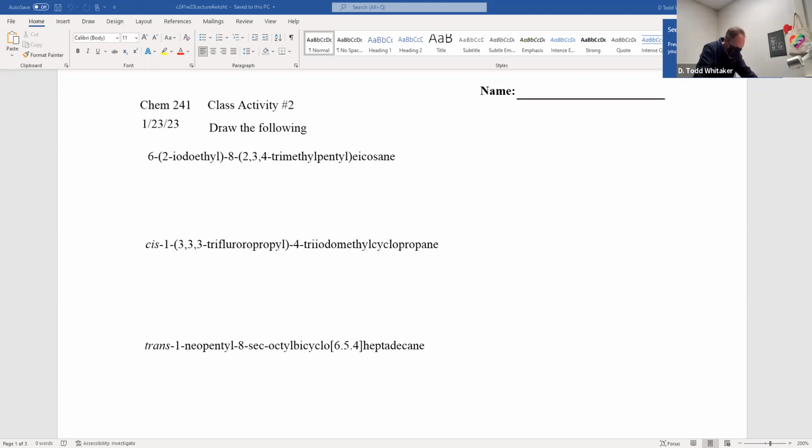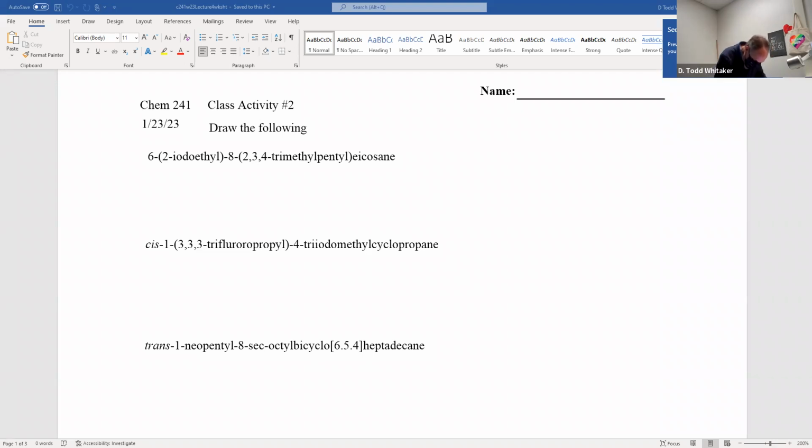There you go. And most of you probably know that cis has them both on the same side of the ring, like these 2 examples here for cis. Trans has 1 sticking out, wedge, and 1 coming back, dash. So on my first one, I'll have the wedge on the neopentyl, and a dash on the other one.